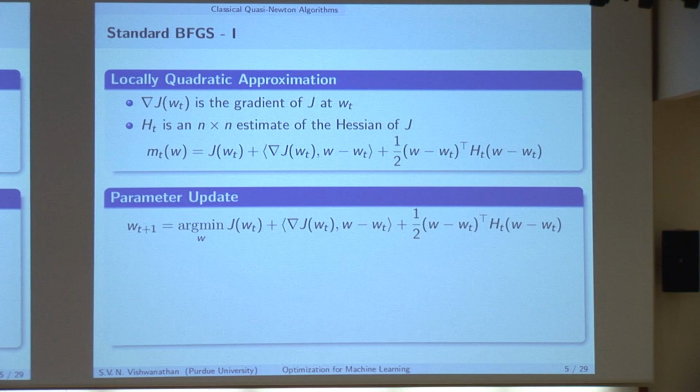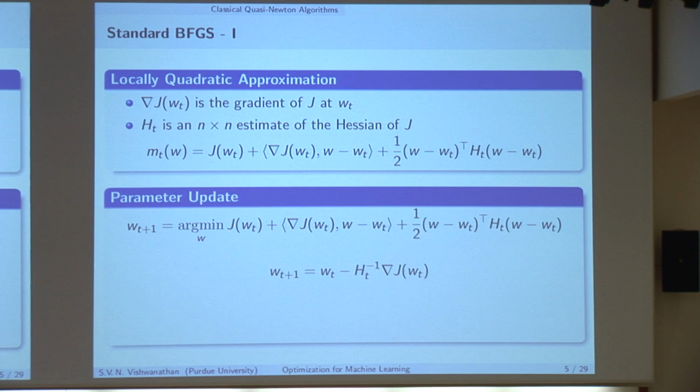If you minimize this, take gradient, set it to 0, pretty elementary stuff, you will get an update which looks like this. For those of you who forgot, this is the Newton update. Basically you take your current parameter, you take your Hessian, you invert your Hessian, multiply it with the gradient, and you take a step.